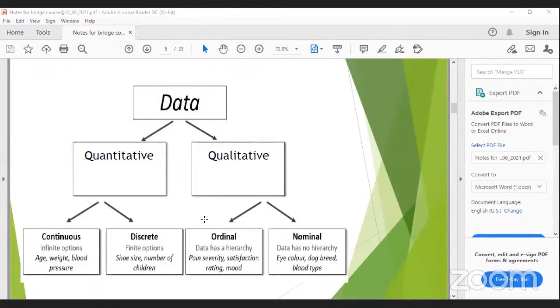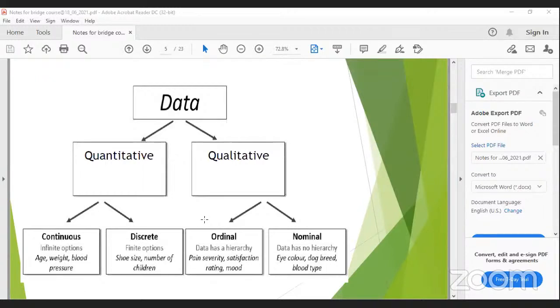Continuous means infinite. If I say weight varies from, let's say, 40 to 90, any number can lie between, like 40.01, so you have infinite options. So that is quantitative data, with continuous and discrete types.